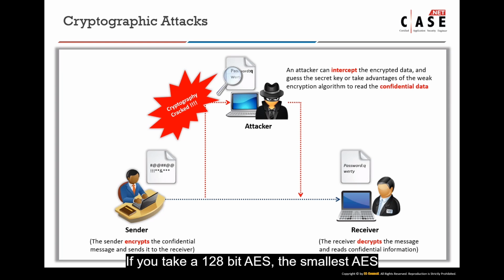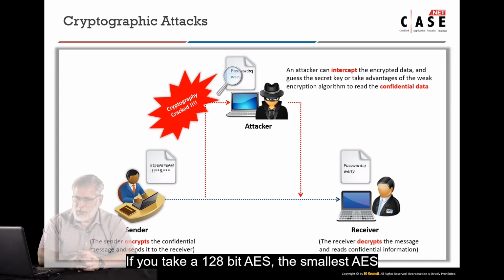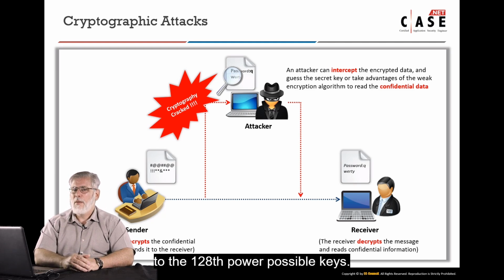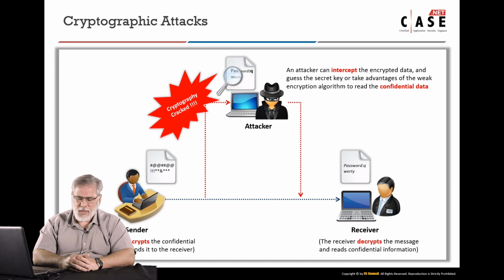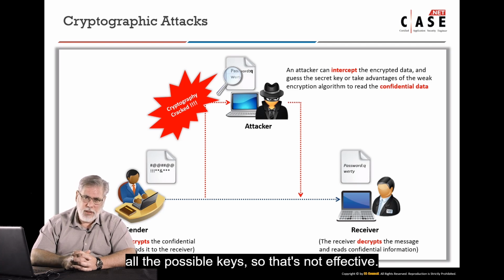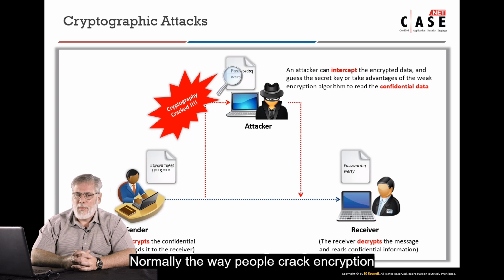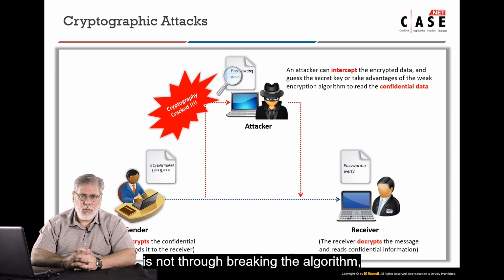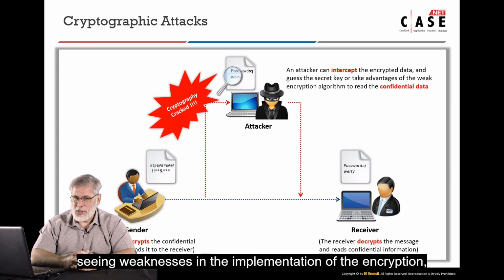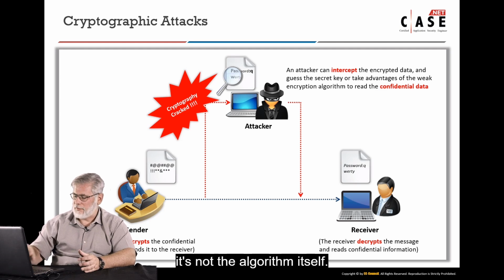If you take 128-bit AES, the smallest AES key size you can use, that means there are 2 to the 128th power possible keys. If you were to try 1 trillion keys a second, the sun would burn out before you've tried all the possible keys. So that's not effective. Normally the way people crack encryption is not through breaking the algorithm, it's getting into the key exchange mechanism, seeing weaknesses in the implementation of the encryption. It's not the algorithm itself.